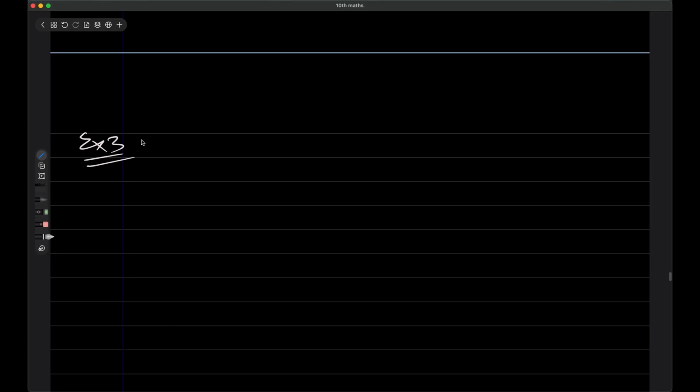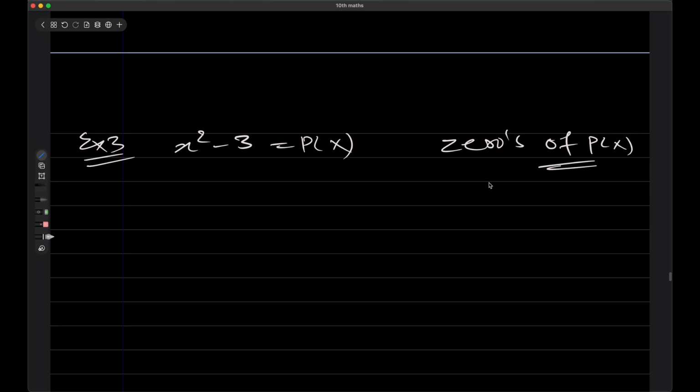Example 3, we have to find the zeros of the polynomial x square minus 3, that is the polynomial, and verify the relationship between zeros and coefficients.